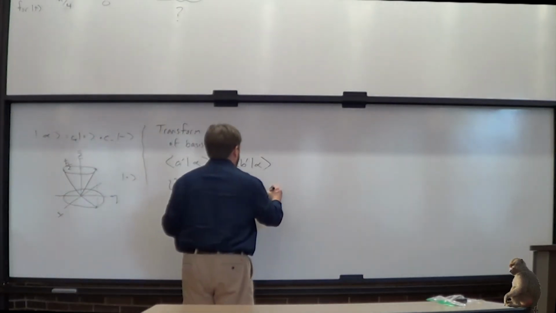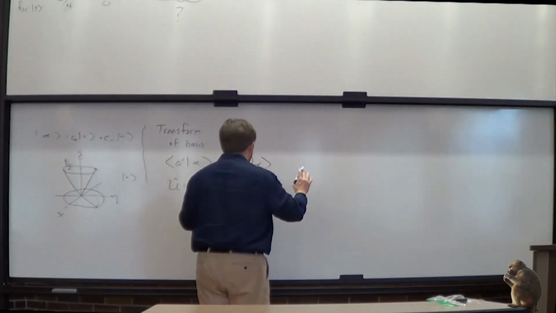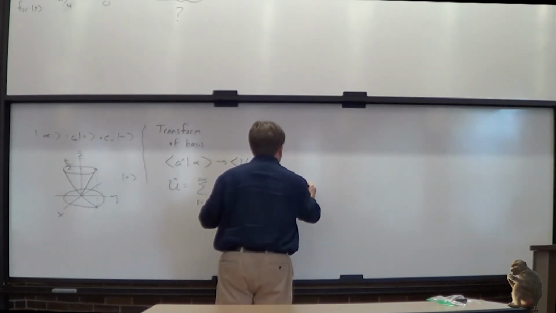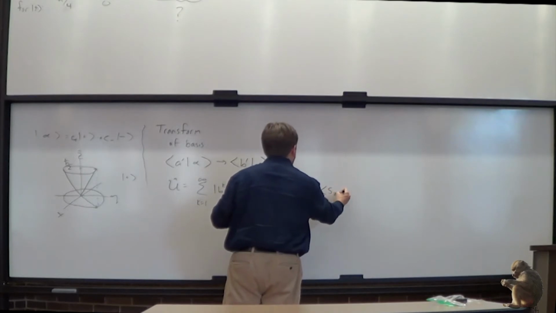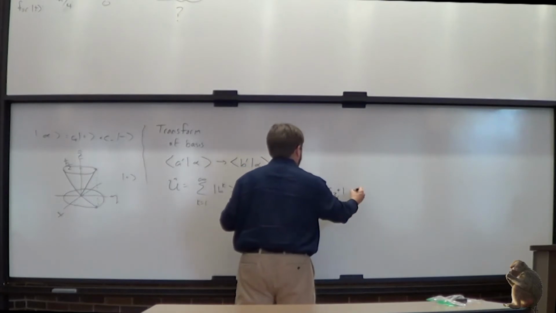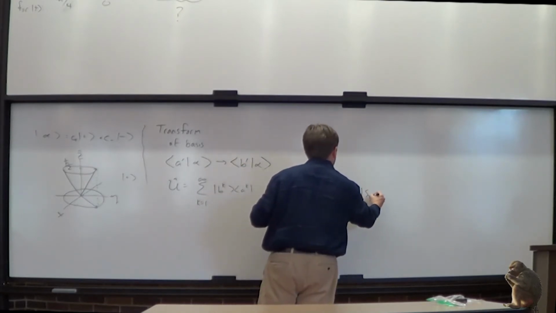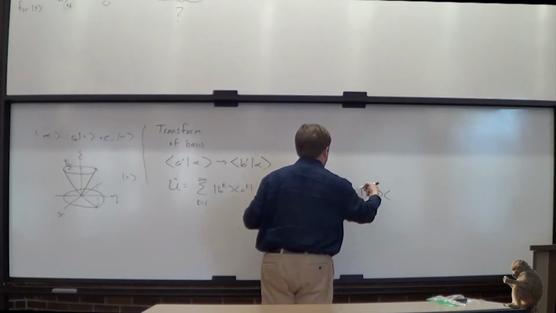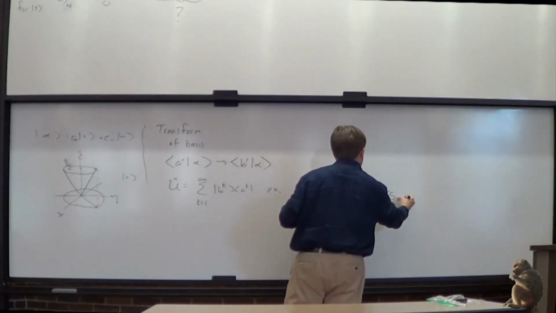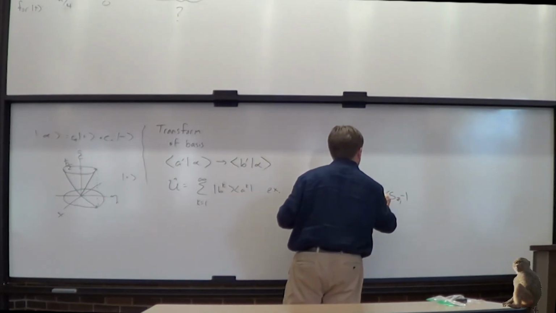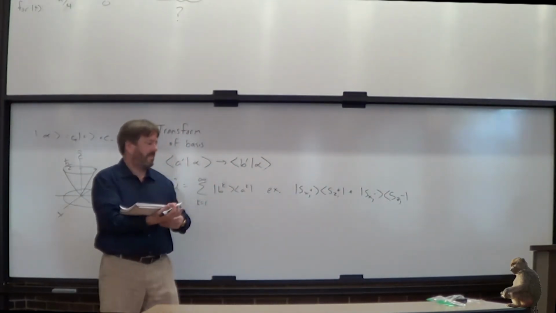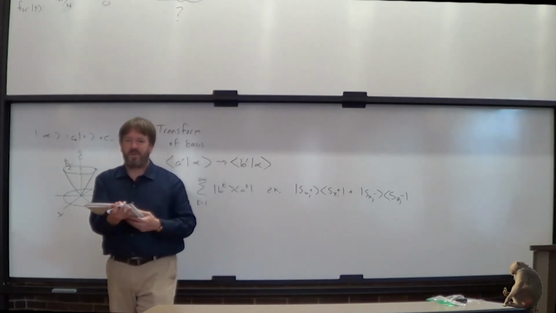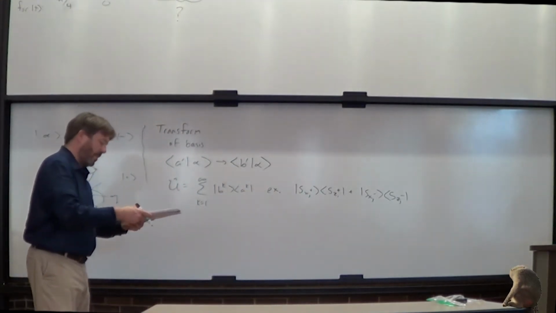Let's say you were changing, and this is on your homework, I don't quite remember exactly, a Z representation to an X representation, it would be this. This would be the transformation operator. It's really easy. I hope you appreciate Dirac notation. It's really easy to work with.